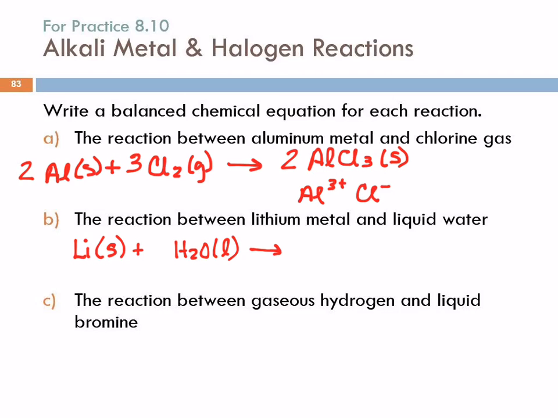It wants to become an Li plus ion, right? So that's going to form an Li plus ion. It does that by losing an electron, right? If it loses an electron, somebody else has to gain an electron.